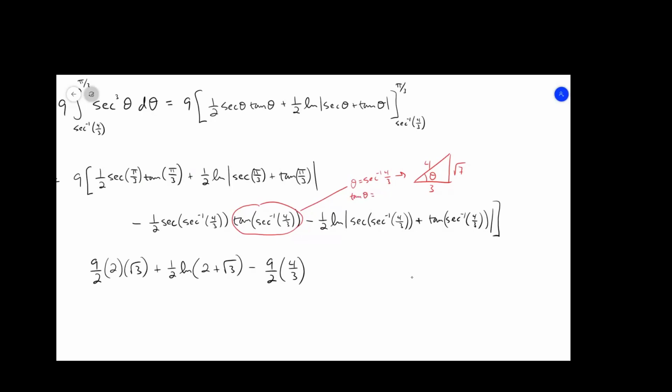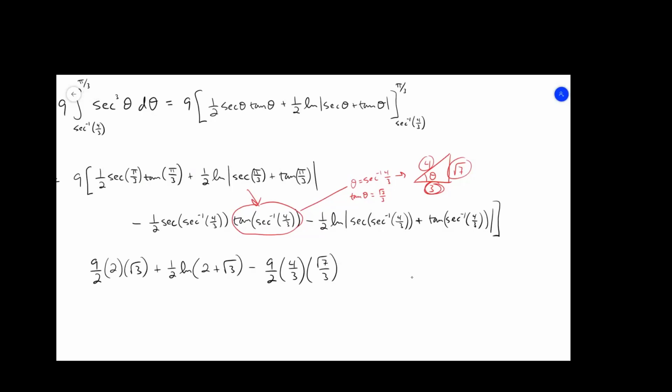Tangent's opposite over adjacent, so that's root 7 over 3. Everybody see what I'm doing there? Secant is hypotenuse over adjacent. Tangent is opposite over adjacent. And I was trying to figure out what the tangent is because that's what we need right there. So that must be root 7 over 3.